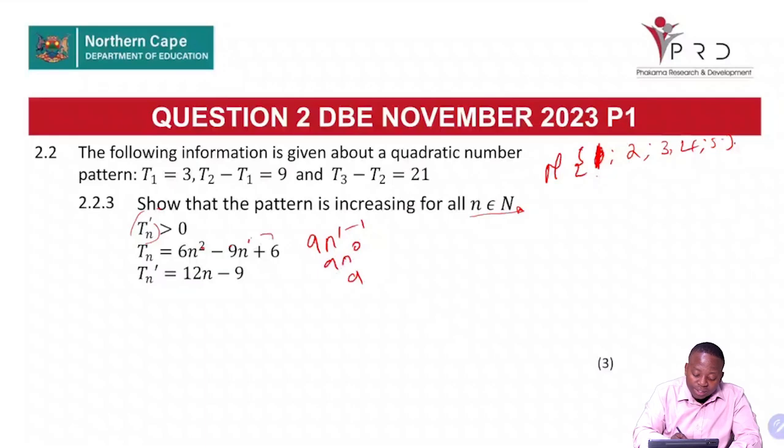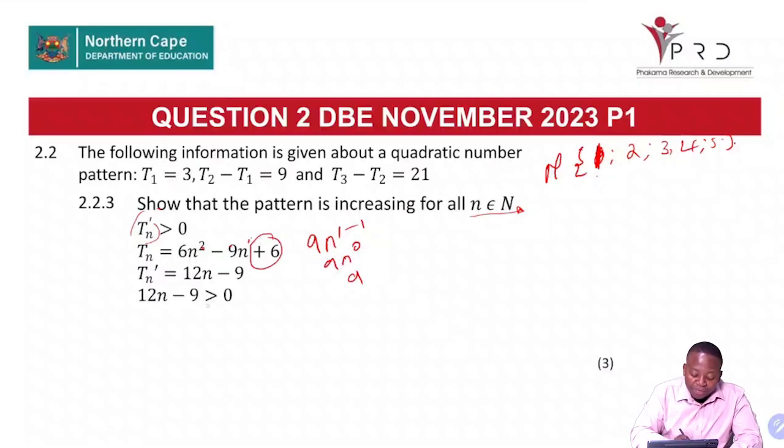Plus 6 is a constant, so it will fall off, because when you differentiate a constant you get 0. Now we have the first derivative.